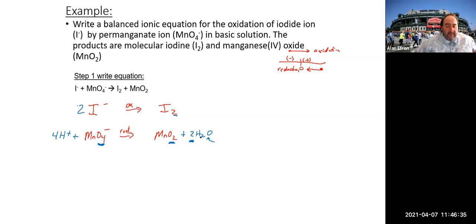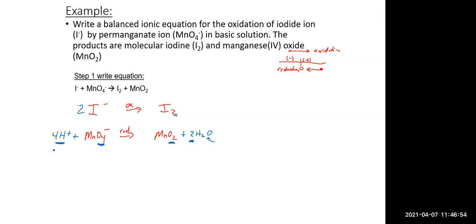2 times 2 is 4 hydrogens on the right. That's why we also need to put the 4 H pluses on the left. Otherwise, if we don't add the H pluses on the left-hand side, we will not end up with the right amount of hydrogens when it's all said and done. So the water is basically there to balance out the oxygens. Okay, so you can't just add oxygens. You have to add H2O.